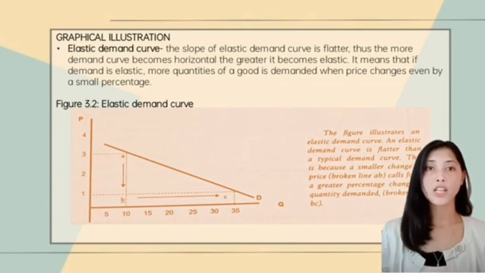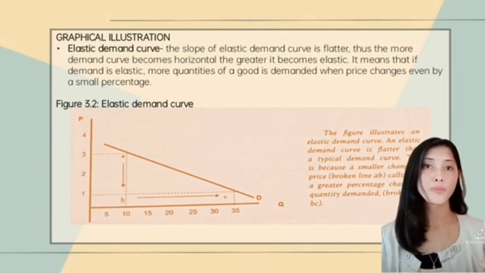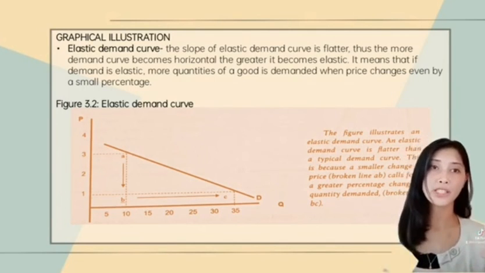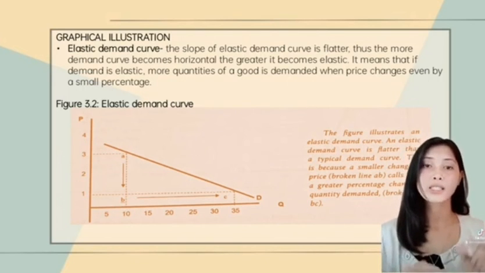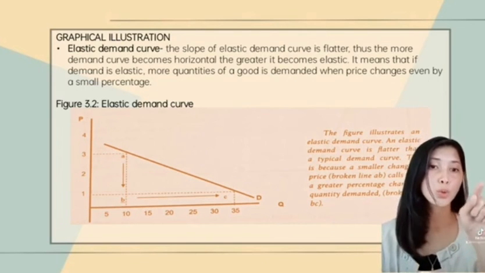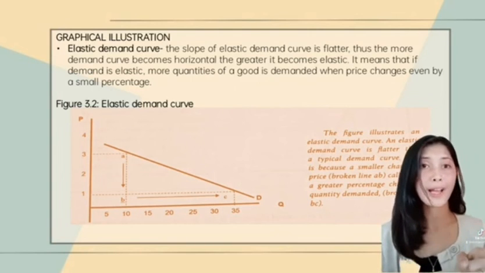This is because a small change in price, like in figure 3.2, from 3 pesos to 1 peso, results in a larger change in quantity demanded, say from 5 to 35 units.